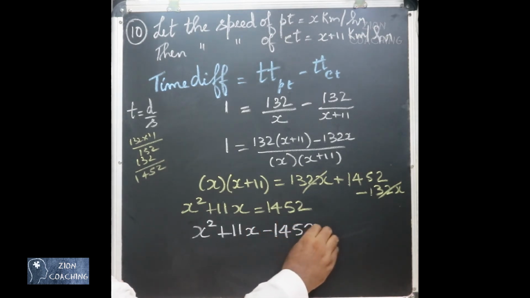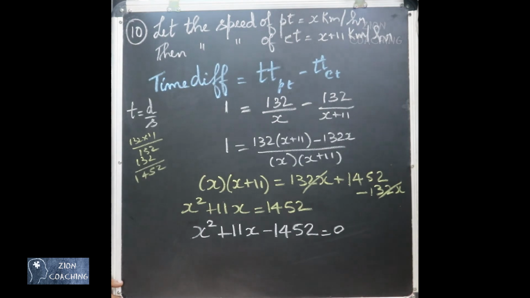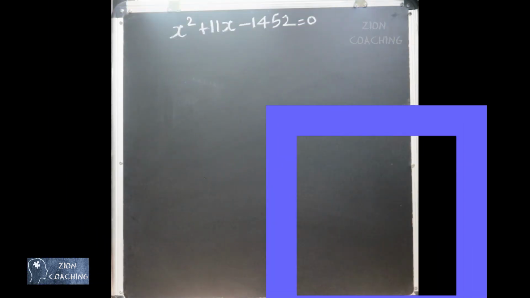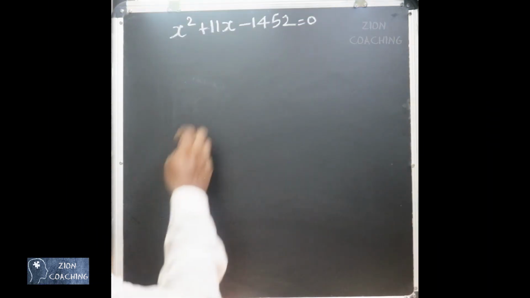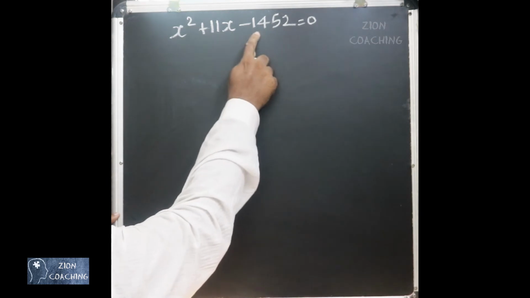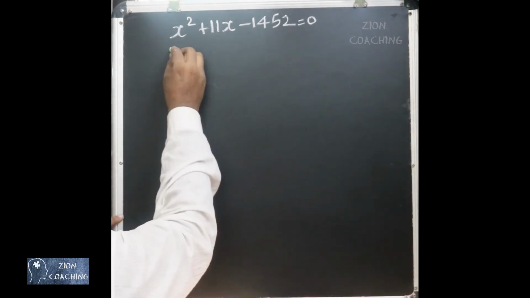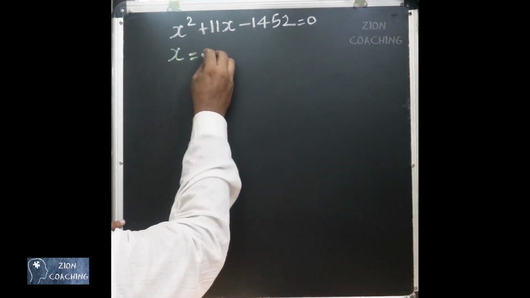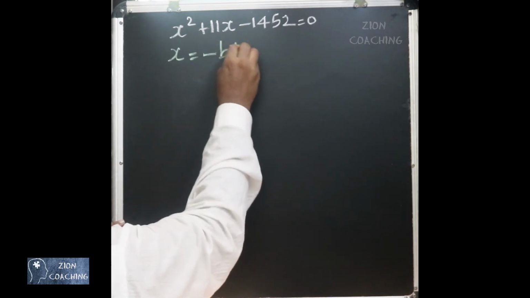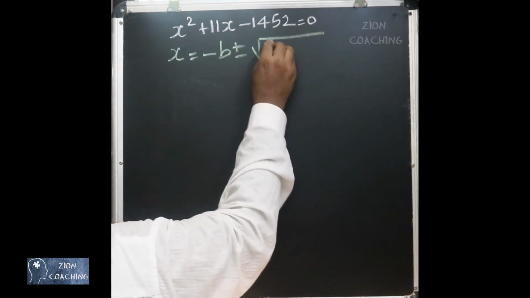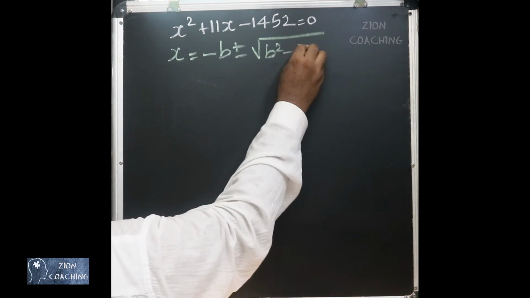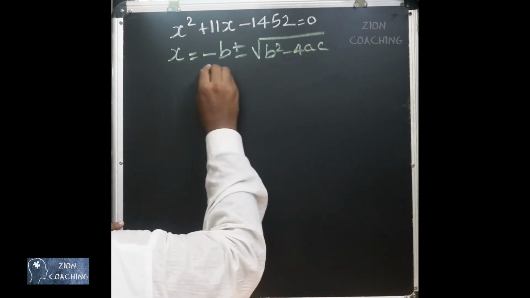Now we are going to solve this using the quadratic formula and find the values of x. Now we are having x squared plus 11x minus 1452 equal to 0. Quadratic formula is minus b plus or minus root of b squared minus 4ac, by 2a.